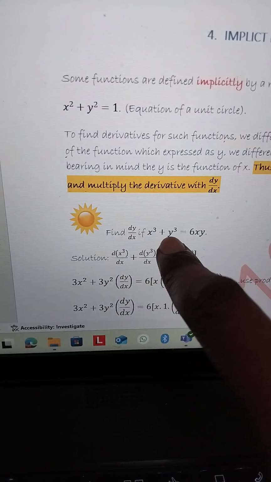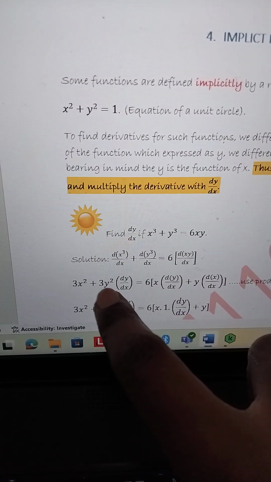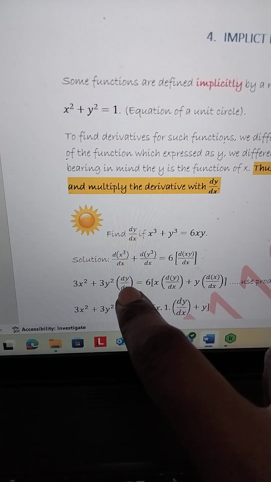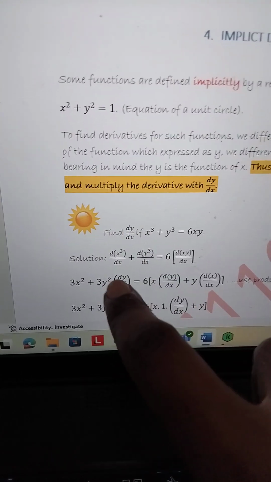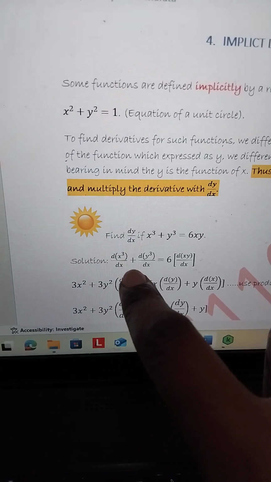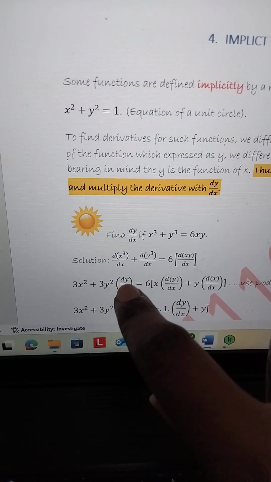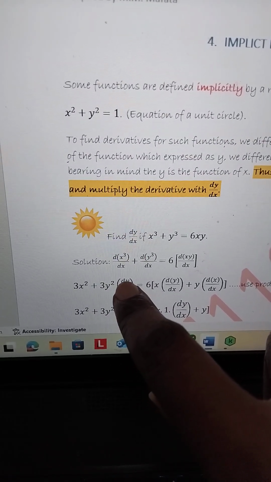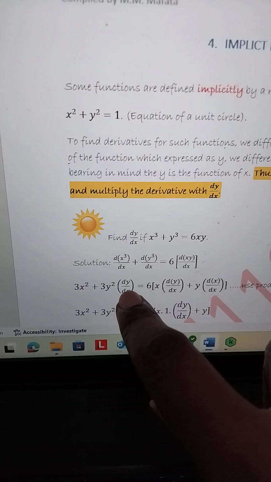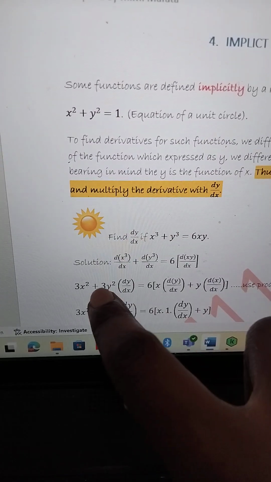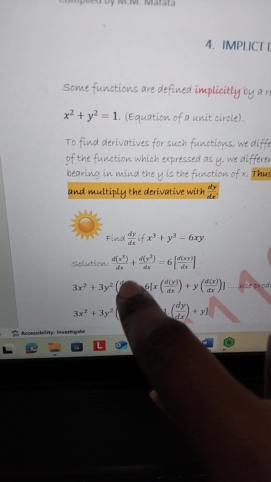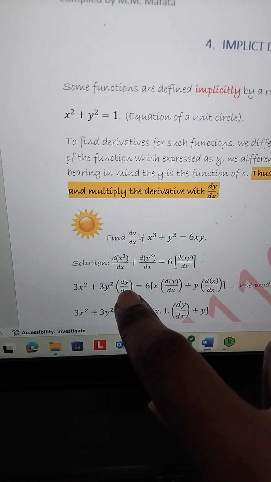Then we are going to differentiate y cubed as is and then multiply by the derivative dy/dx. Right, where there is a y, you're going to differentiate as you would normally, but then multiply by dy over dx. So then we have the derivative of y cubed is equal to 3y squared multiplied by dy/dx.